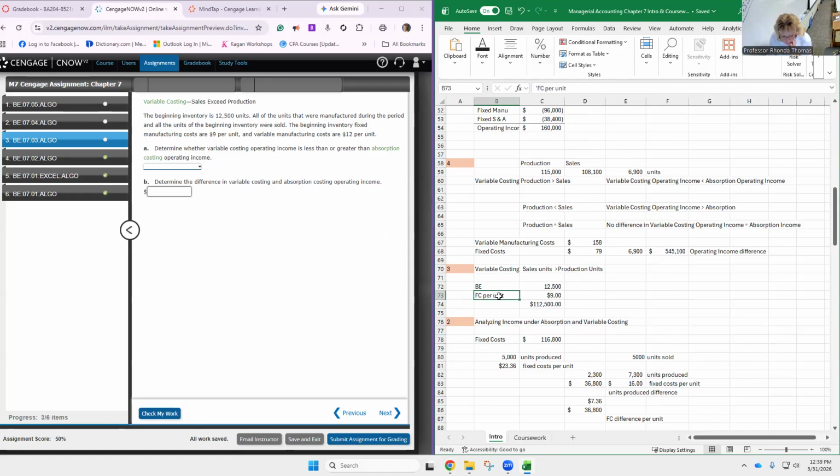So fixed cost per unit, beginning inventory units. And that's beginning inventory there.